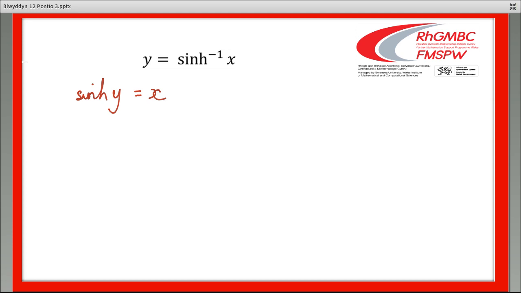We don't really want to work with inverse functions, but sinh y is actually e to the y minus e to the minus y, divided by 2, and that still equals x. So double both sides because I don't like working with fractions, so let's get rid of it. e to the y minus e to the minus y equals 2x.